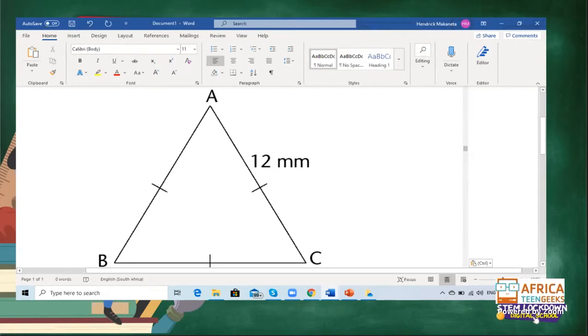And how did you get that? How did you find it? 12 times 3. Exactly. So it will be 12 multiplied by 3 because all three sides are equal. If you say 12 plus 12 plus 12, that will give you 36 millimeters.